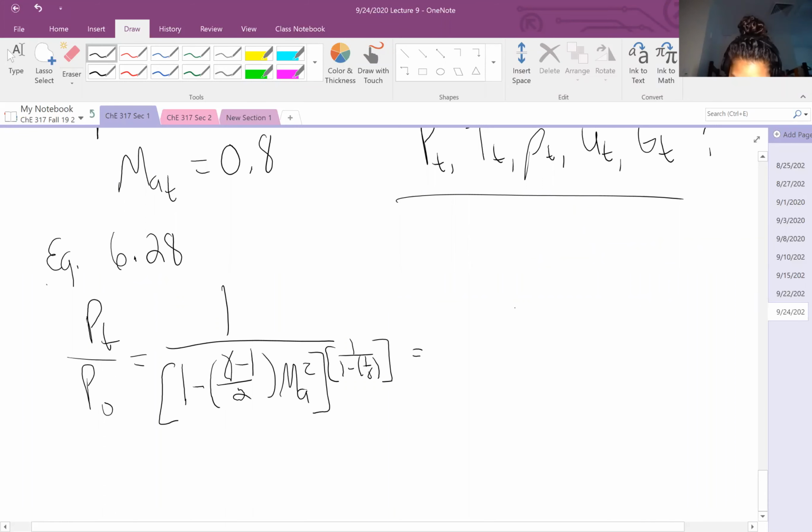Which equals 1 divided by 1 minus 1.4 minus 1 over 2 times the Mach number squared, which is 0.8, all raised to the power of 1 divided by 1 minus 1 over 1.4.